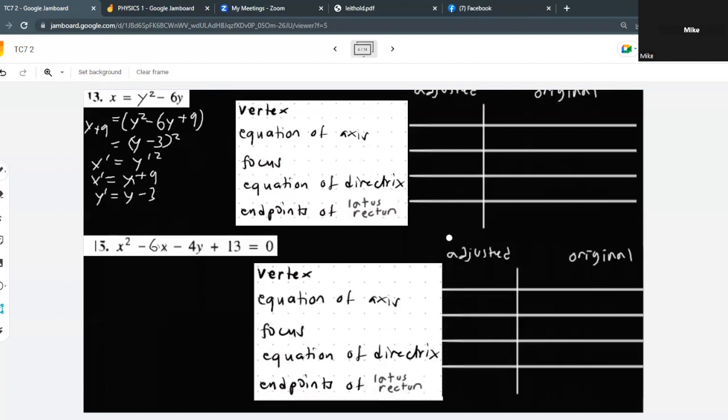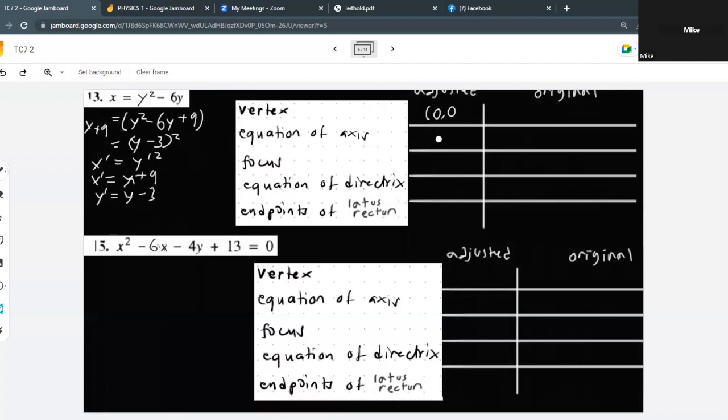fill up muna yung information for the primed axis. Wait, equation of the axis, diba?